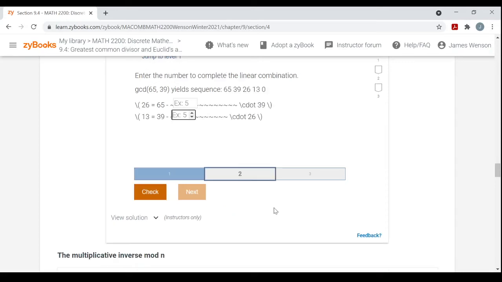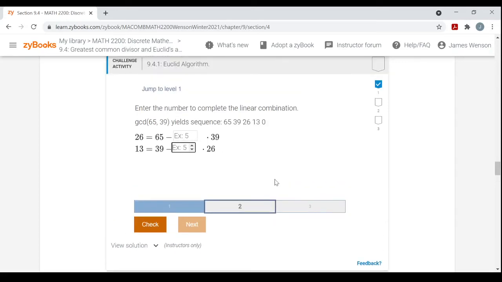Let's see what the next one looks like. All right, so this is where you're solving for these remainders, right? How can you write 13 as a combination of 39 and 26? How can you write 26 as a combination of 65 and 39? And that's really all they're having you fill in there, and that should be pretty simple.